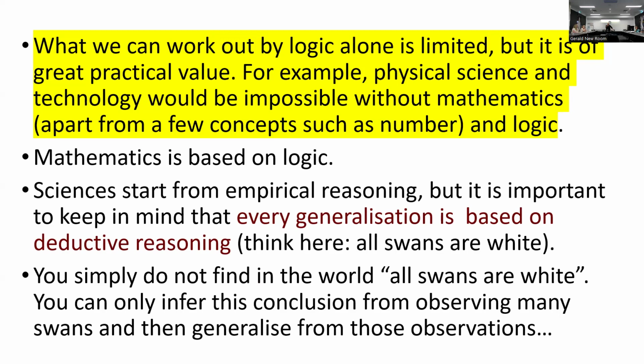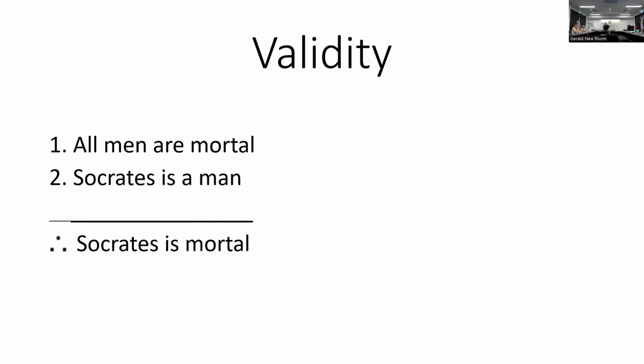All swans are white: you will not find this claim in the world. There is just no way. It's a generalization from swan A, B, C, D, whatever. The whole of science is based on this next step, which is generalization. Once again, this is just for you.